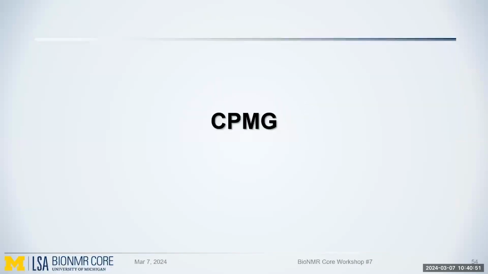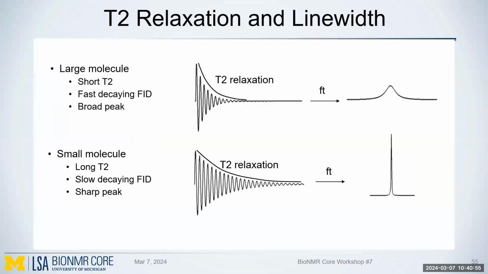Right, and then let's move on to CPMG. In the CPMG experiment, we monitor the NMR parameter called T2 relaxation time. Large molecules, like your macromolecule, or any ligands that bind to the macromolecule, have a short T2 relaxation time, so their NMR signal, or free induction decay signal, decays very fast.